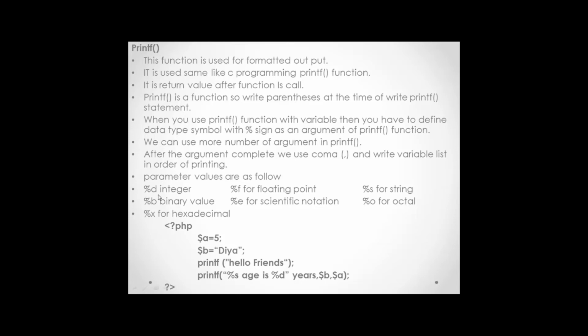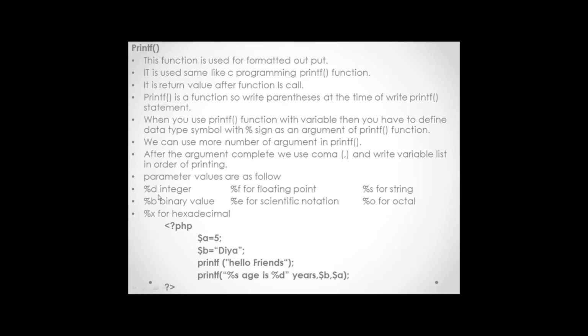For scientific notation value, %e. For character value, %c. Octal value, %o. And hexadecimal value, %x. We all know these parameters from the C programming language. It is the same as C.